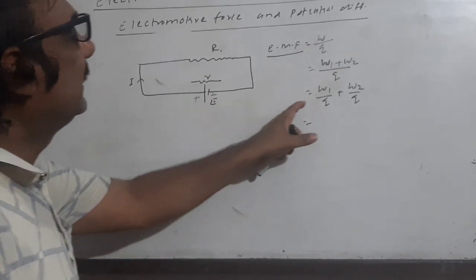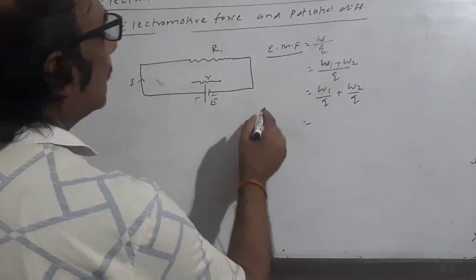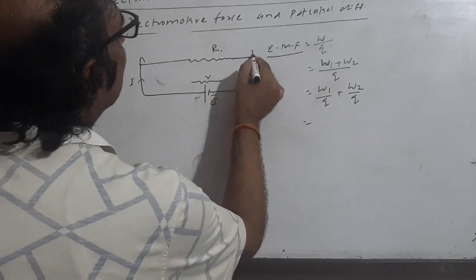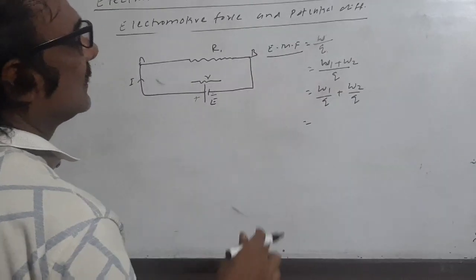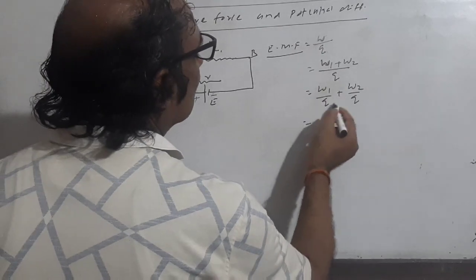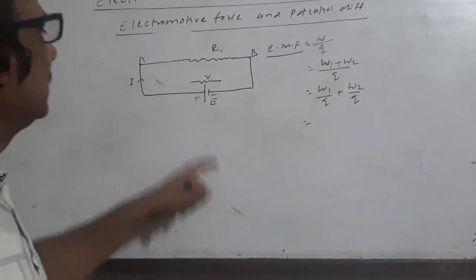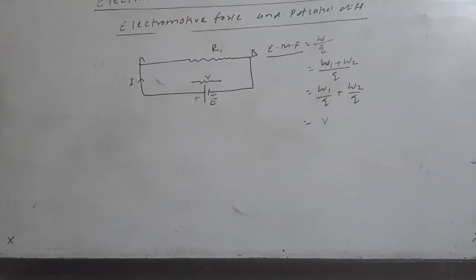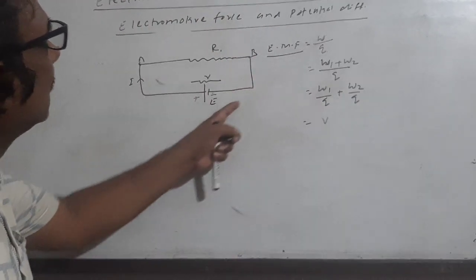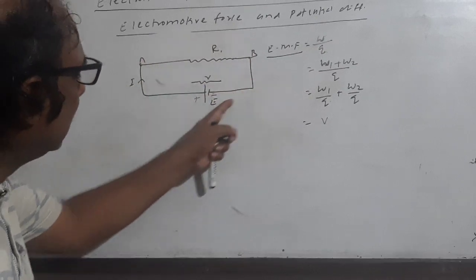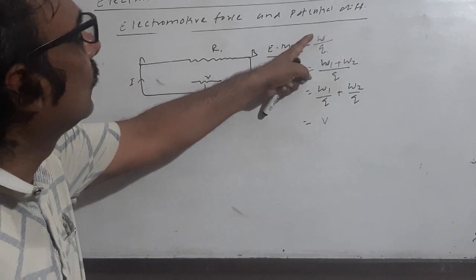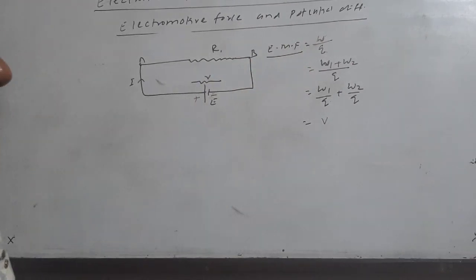But if it is divided into two parts, meaning the work done to move the charge from point A to point B through the resistor R, this work done per unit charge is known as the potential difference. It means if you consider the work done for the entire circuit, for the entire path, this is the total work done by the charge.